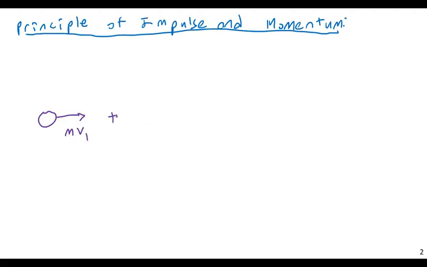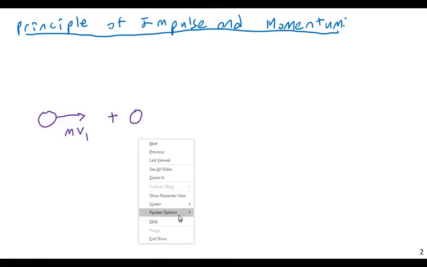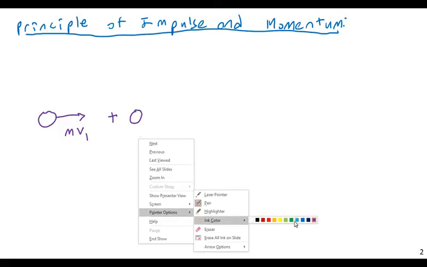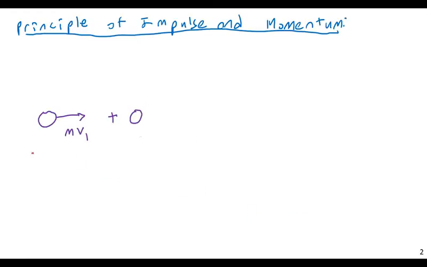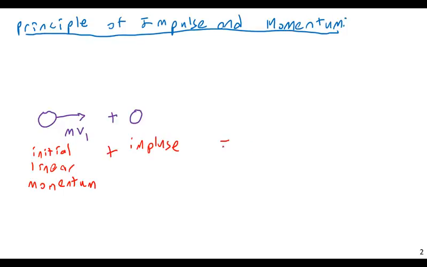Then we add an impulse to it. So an impulse is going to be applied to this object. I could label this the initial momentum, initial linear momentum, plus the impulse will equal the final linear momentum.